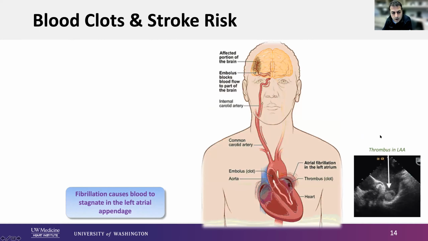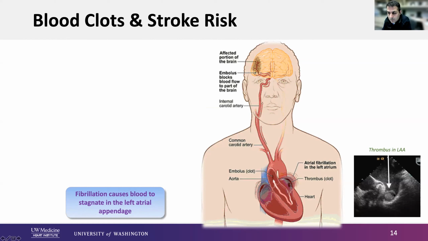So how does this work? Like I mentioned before, when your heart's fibrillating and those upper chambers are having the arrhythmia and they're not really squeezing, they're quivering, that's a recipe for the blood to be more stagnant, and stagnant blood tends to coagulate.